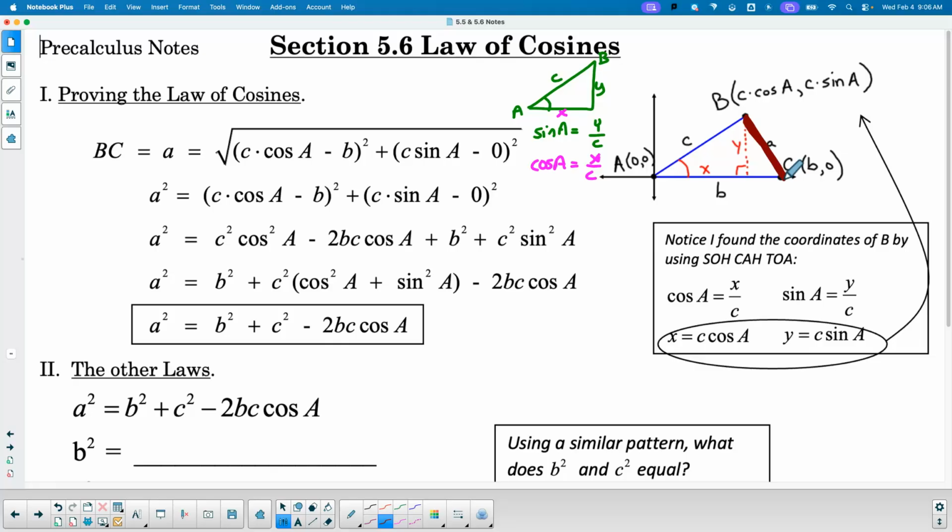The distance from point A, the distance formula is going to be the square root of... oops, hold on, tap the brakes. I've got too many of the same letters going on here. I'm trying to make it as not muddy as possible.